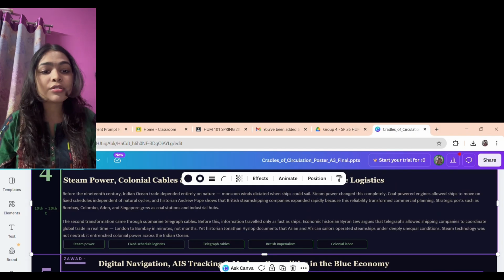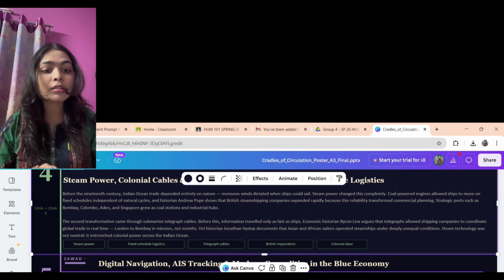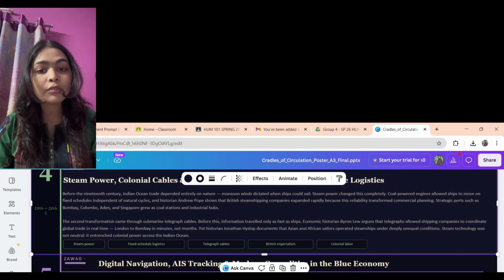Because Britain controlled much of this infrastructure, steam technology strengthened colonial dominance over trade routes.